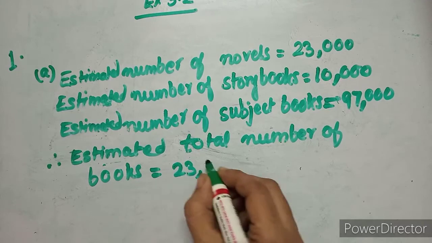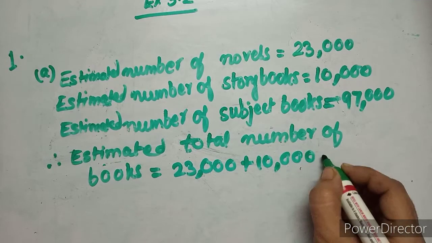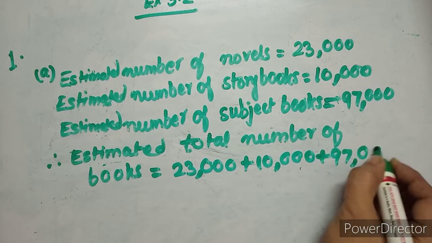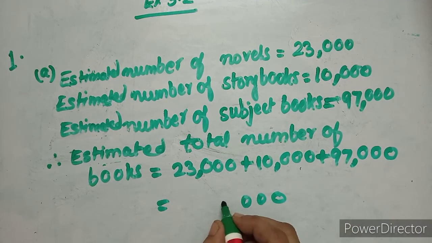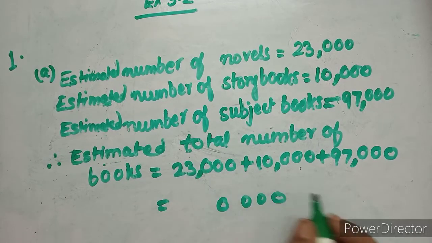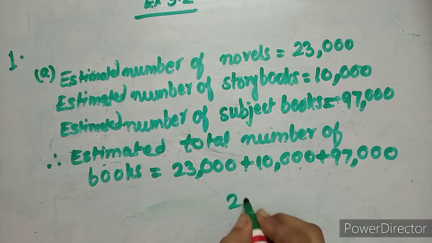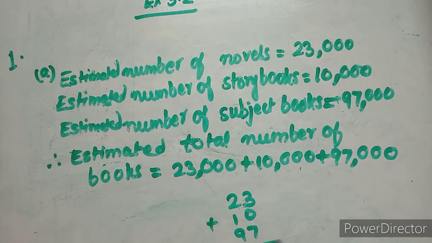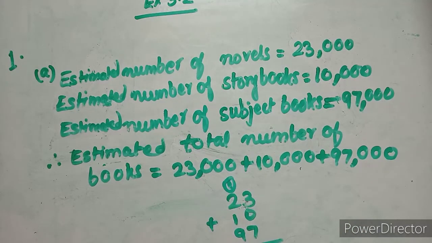So 23,000 plus 10,000 plus 97,000. Okay. Now this addition you have to do. So you need to go for, यहाँ पे देखिए आप 23, 10 और 97 ऐड करेंगे तो आपको आ जाएगा 10, 1 carry 10, 30.